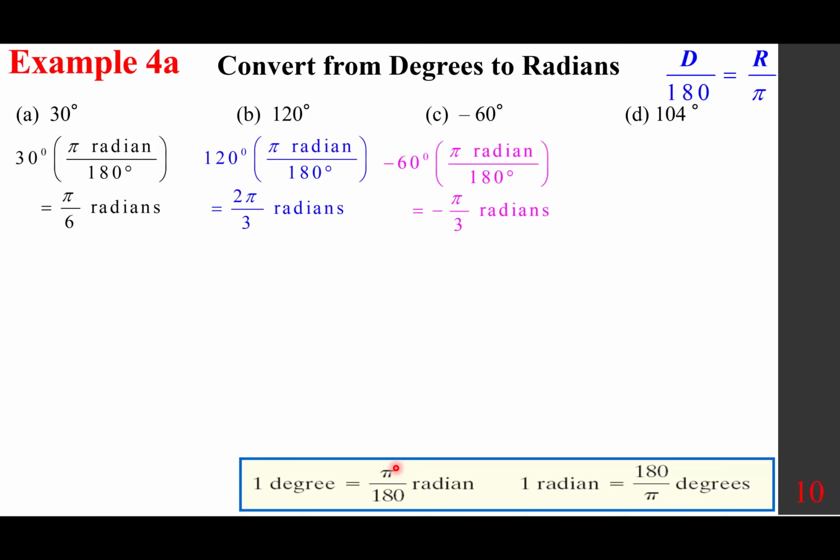So those are some common arcs, but what happens when it's 104 degrees? You find the answer in the same manner, but it's not one of those common arcs where we use the pi. So it's approximated, and how many decimals depends on how many they ask you to put.